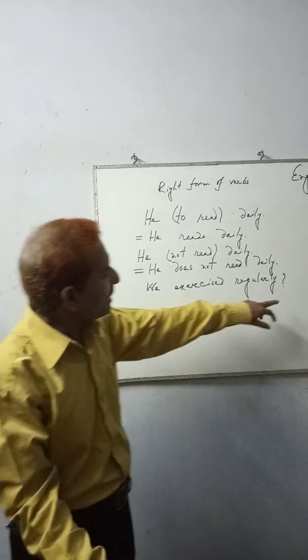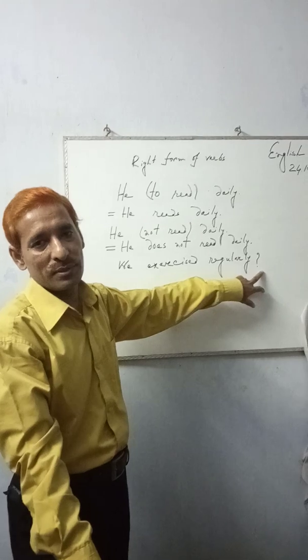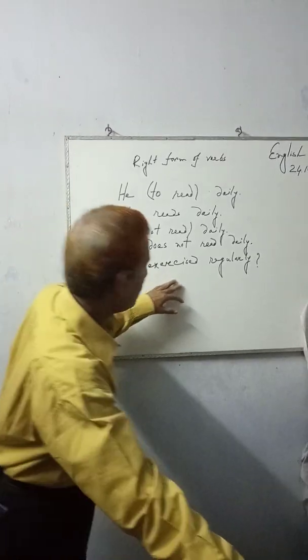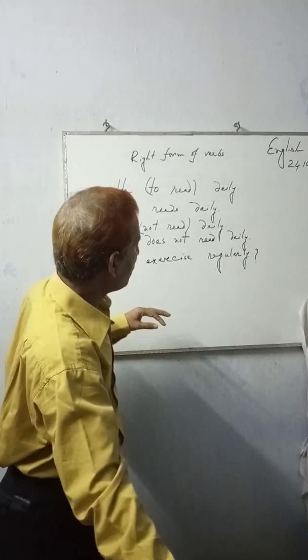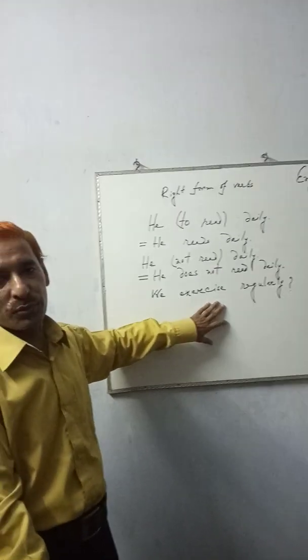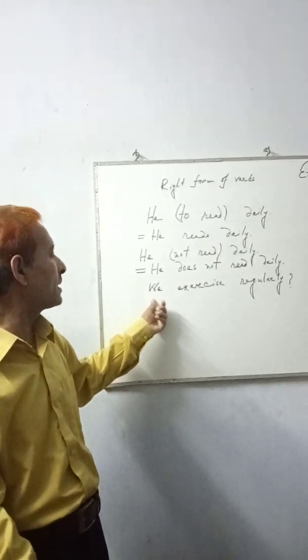At the end of the sentence, there is an interrogative sign. So this is interrogative sentence. And for interrogative sentence, we use do, does before subject.